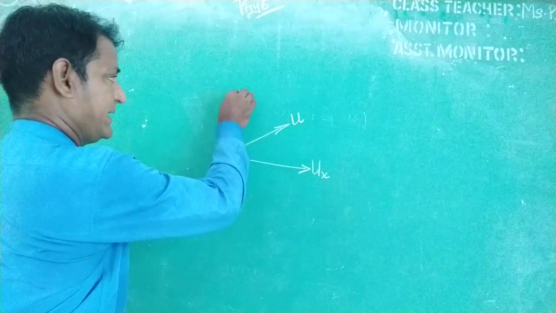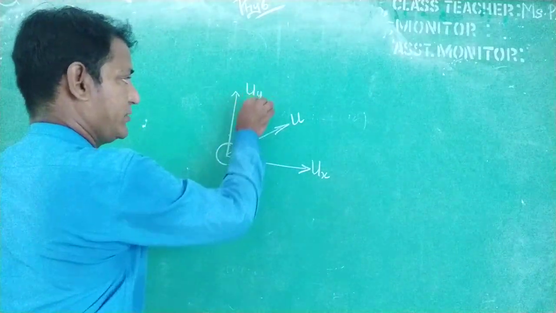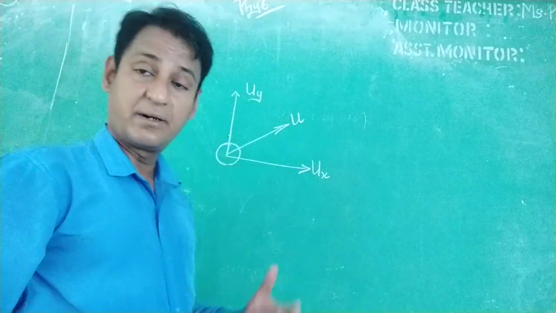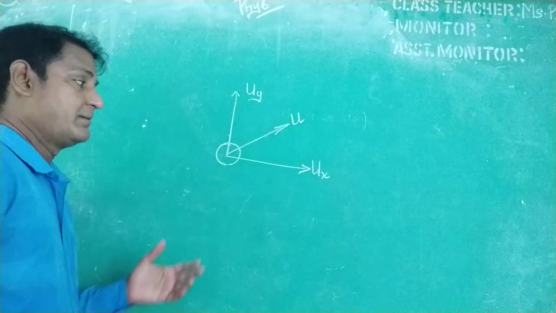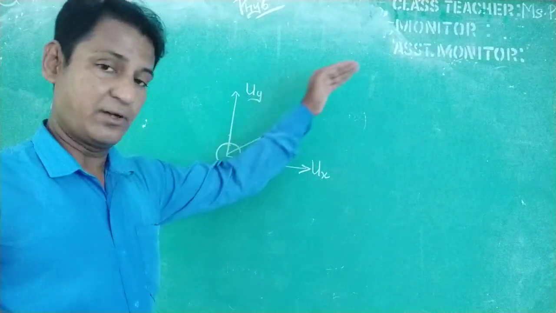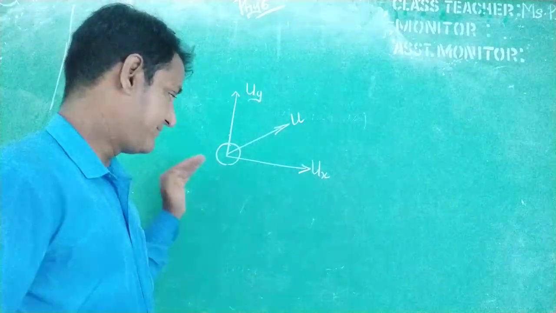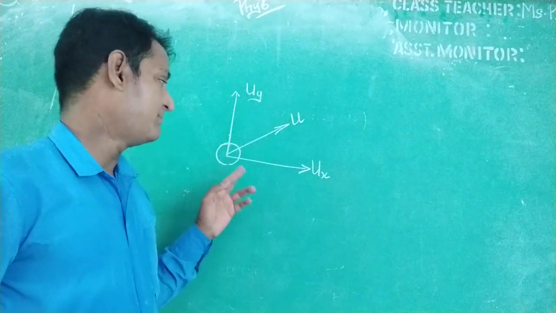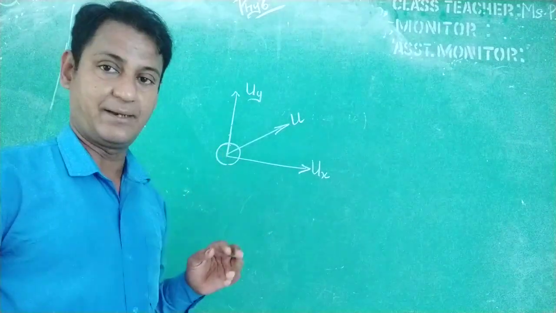Another component will be in the vertical direction, called u suffix y, the vertical component of velocity, or vertical velocity, right? Whenever the projectile is projected at an angle theta from the ground level, two components of velocity act on it.